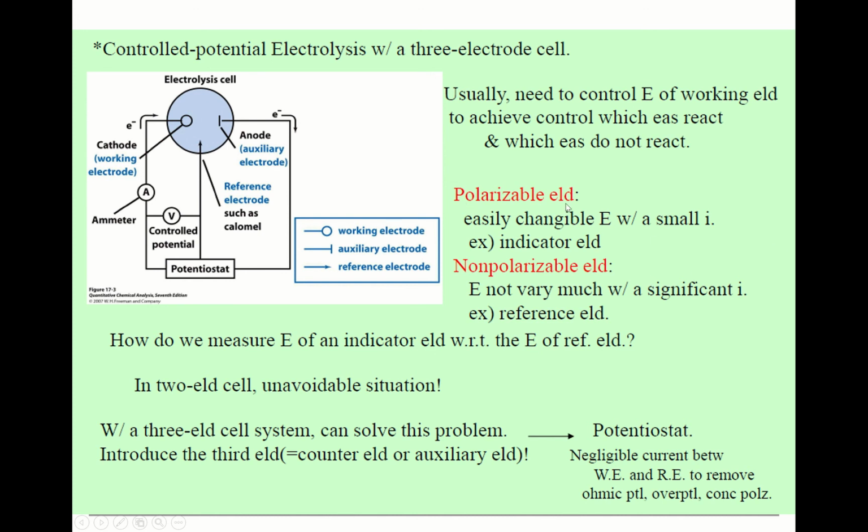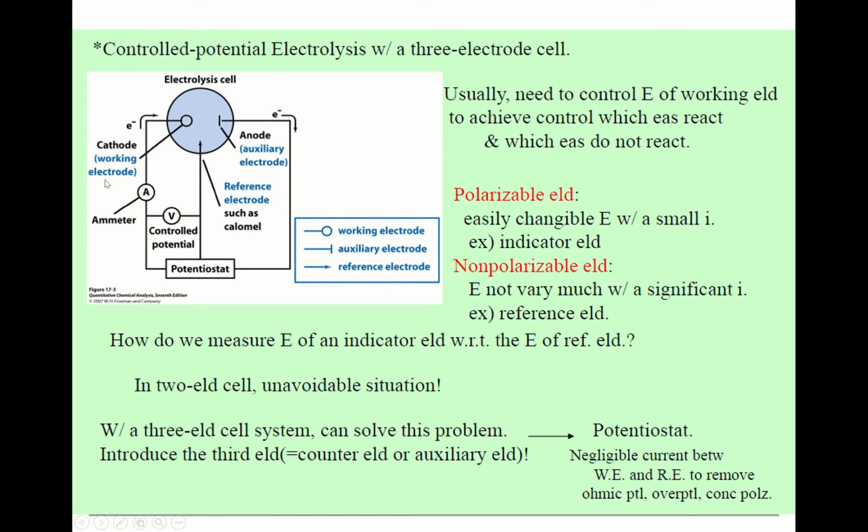You find a polarizable electrode, whose potential is easily changed with a small current. That is the characteristic of an indicator electrode. I gave a small lecture about polarizable and non-polarizable electrodes. A polarizable electrode is used as an indicator electrode or as the working electrode here.